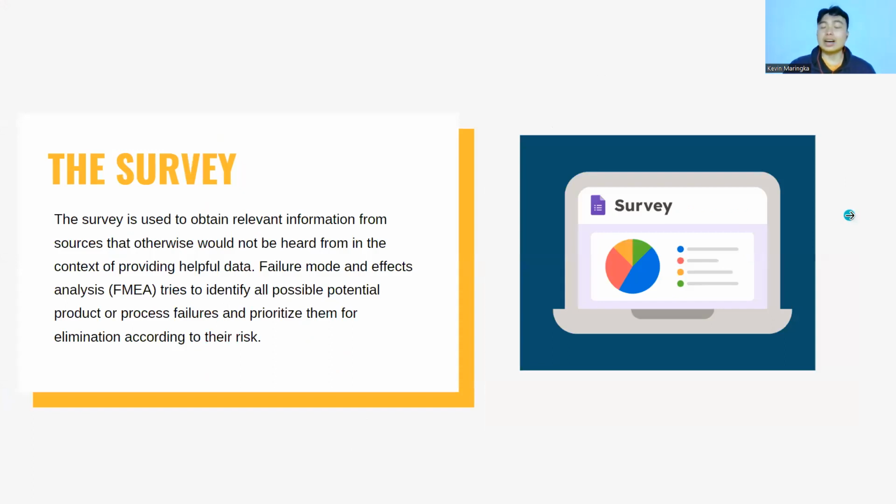Next one is the survey. I believe all of you know what a survey is. The survey is used to obtain relevant information from sources that otherwise would not be heard from, providing helpful data. Failure mode and effects analysis, or FMEA, tries to identify all the potential product or process failures and prioritize them for elimination according to their risk.